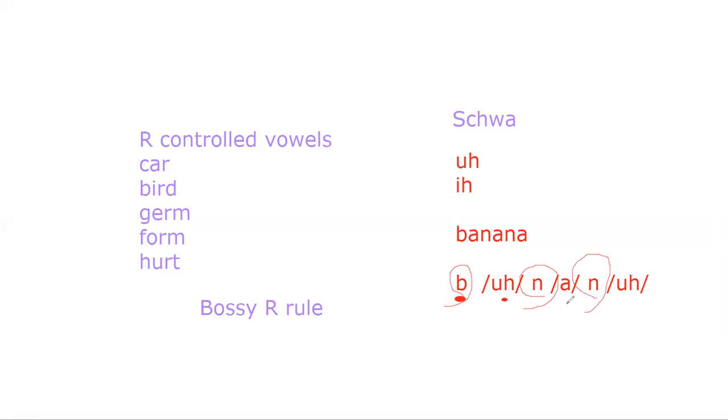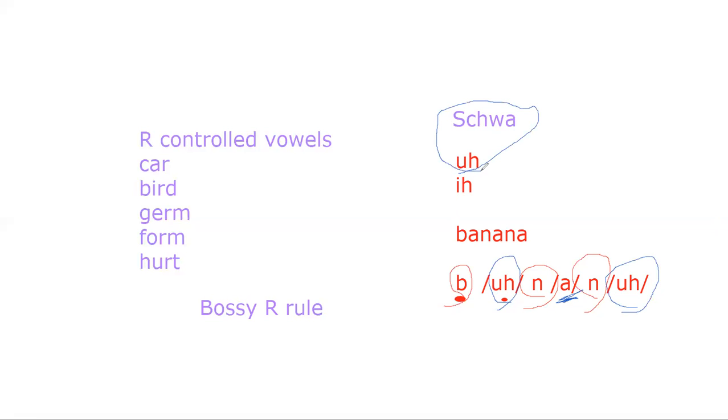Yes. Now, the middle A is giving the short vowel sound, right? But the first A and the last A are giving the schwa sound. They are giving this sound.